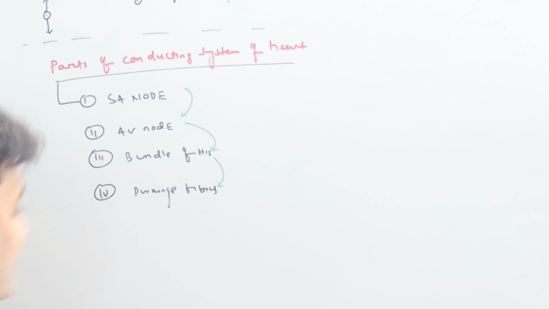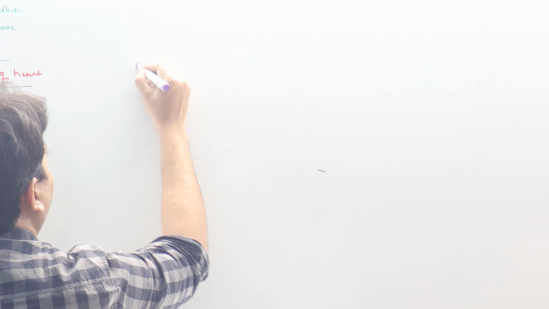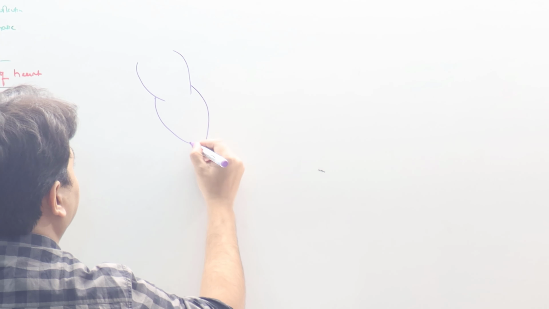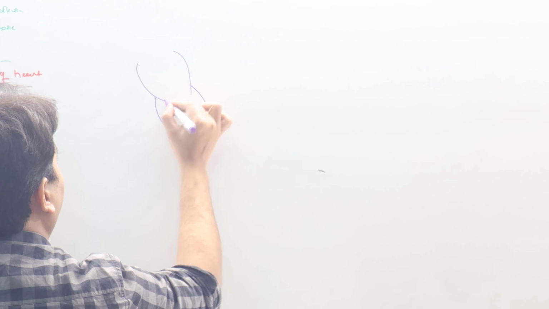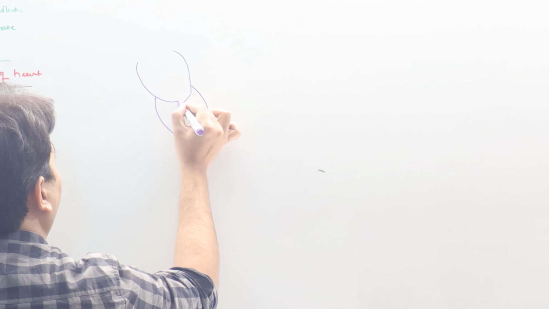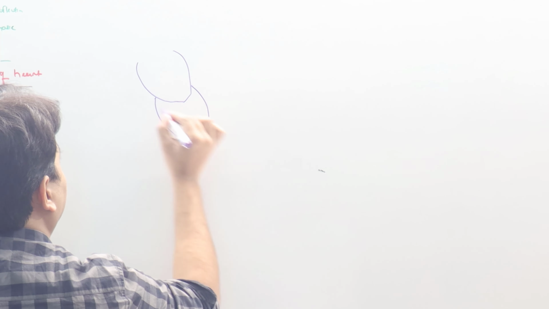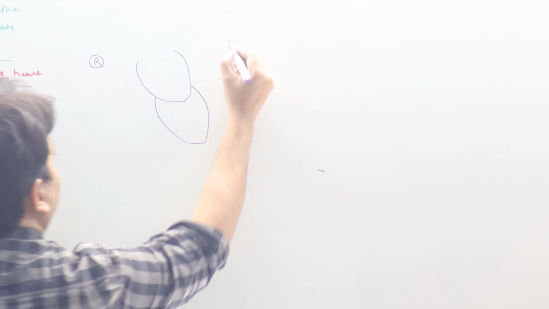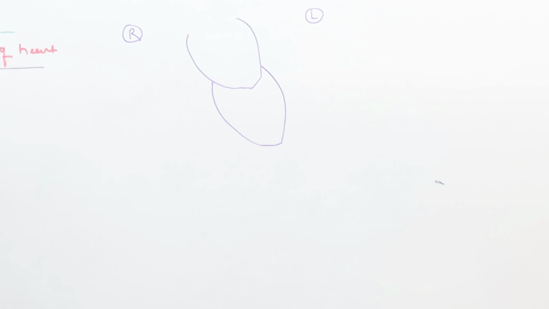ECG paper. So let us draw a pictorial diagram of the heart, a very simple diagram, right? This is the right side of the body, this is the left side of the body, and we will observe the heart from lead 2.